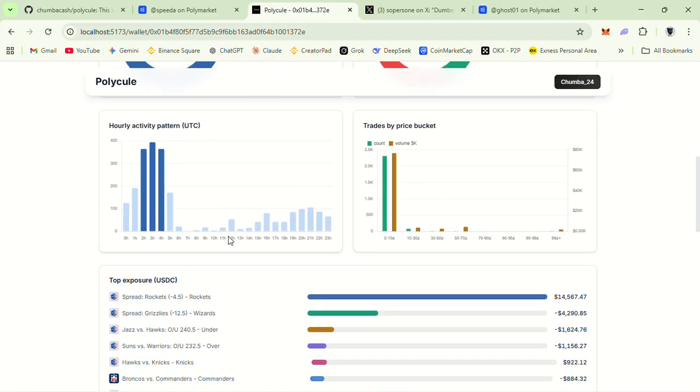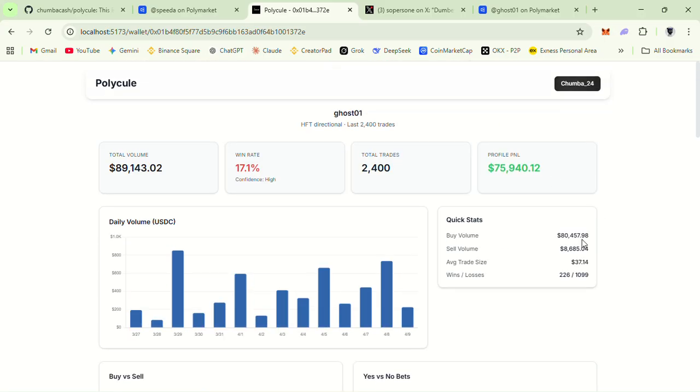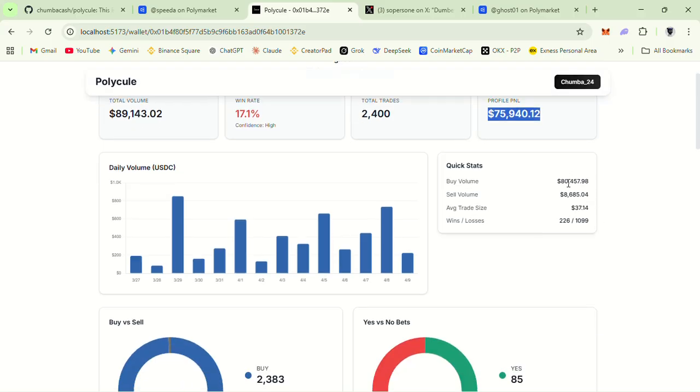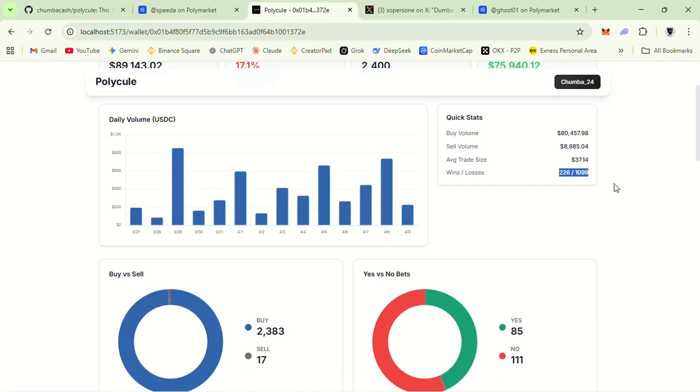This hourly activity that I was talking about, most of the wallets that don't do many trades could give us a good hourly activity of this person. This person buys at around $1, which makes sense why he is having a good amount of PNL against the amount of losses.